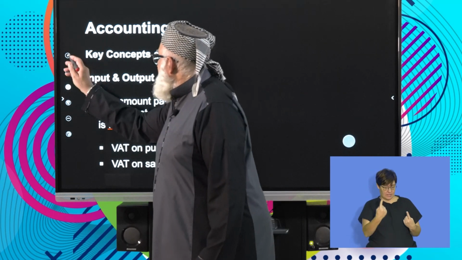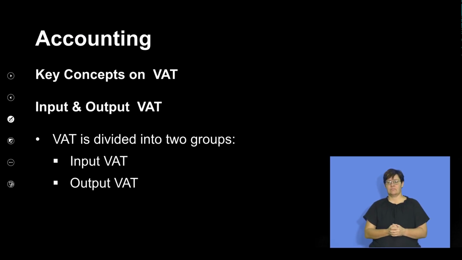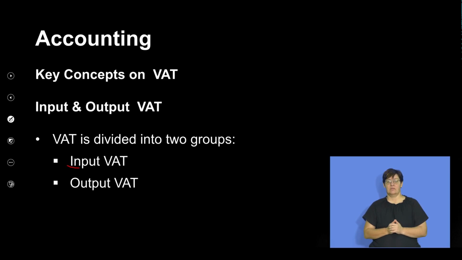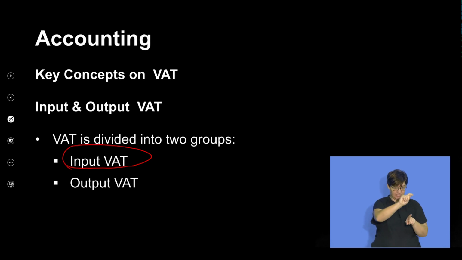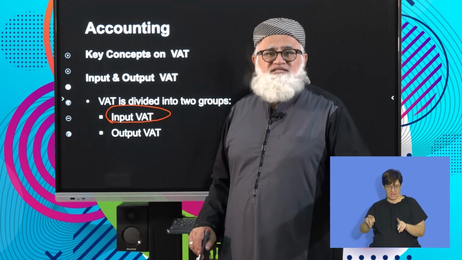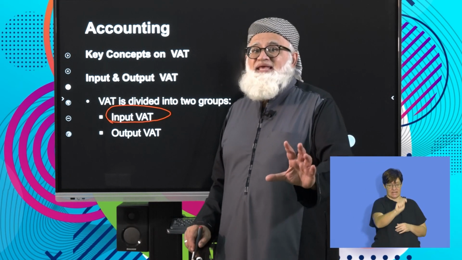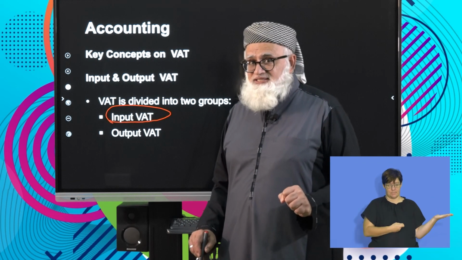So, if we take this a bit further, we find that our VAT is now divided into two categories, right? The input VAT, like we said, is all the VAT that we have paid on all the items that we have purchased. That's the VAT that we can claim back from SARS.